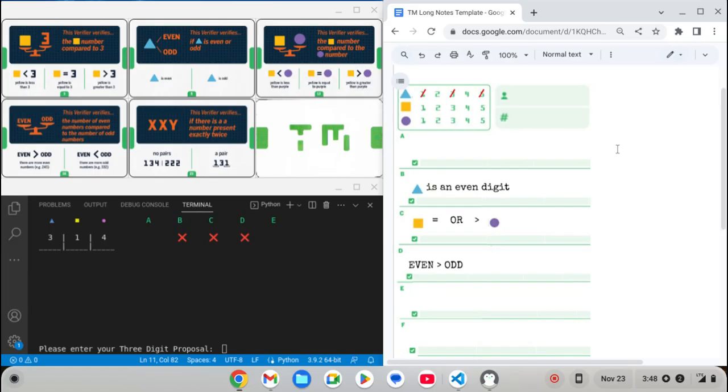Well, let's see. If they are to be equal, that means they would have to be both even. But again, that's still kind of up in the air. Is there anything that could contradict? Oh, well, yeah. So this is the same argument I have.